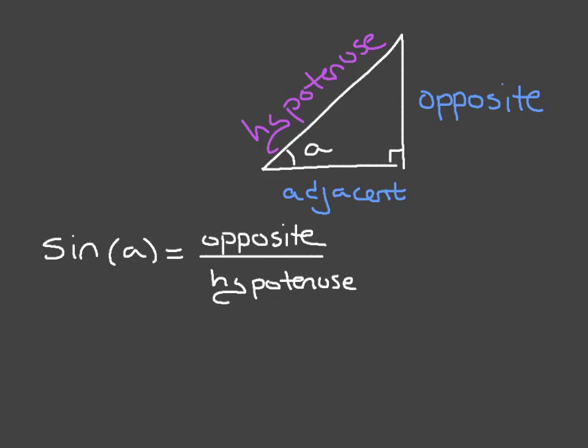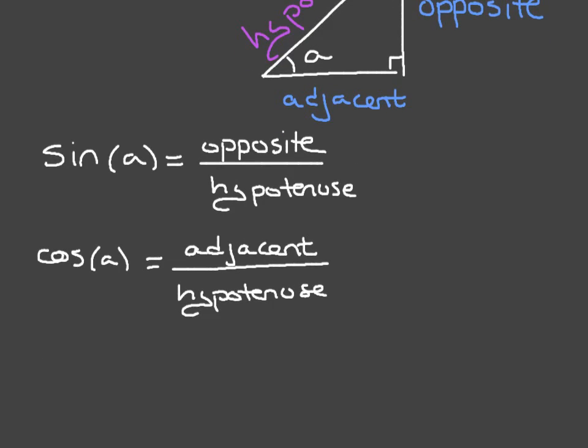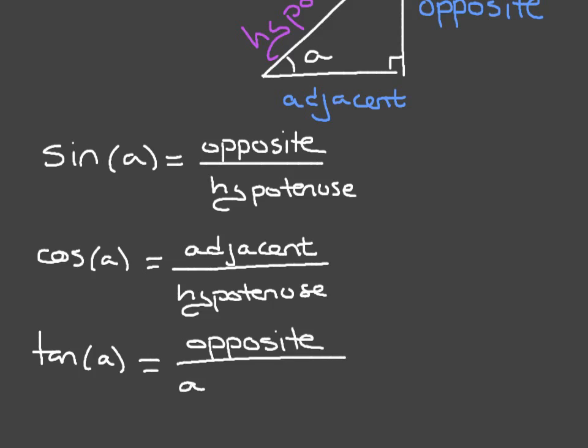We also saw that the cosine of the angle A was equal to the adjacent side length, that's the side adjacent to the angle A, divided by the hypotenuse of the triangle. And last but not least, we saw that the tangent of A, which we wrote tan of A, was equal to the opposite of A divided by the side length which is adjacent to the angle A.